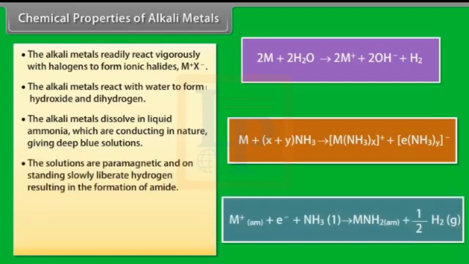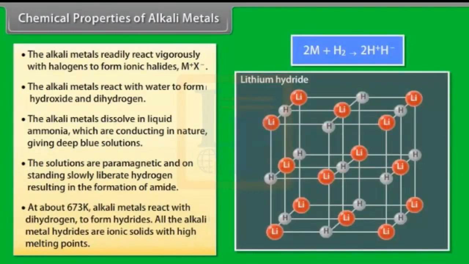The solutions are paramagnetic and on standing slowly liberate hydrogen, resulting in the formation of amide. At about 673 Kelvin, alkali metals react with dihydrogen to form hydrides.